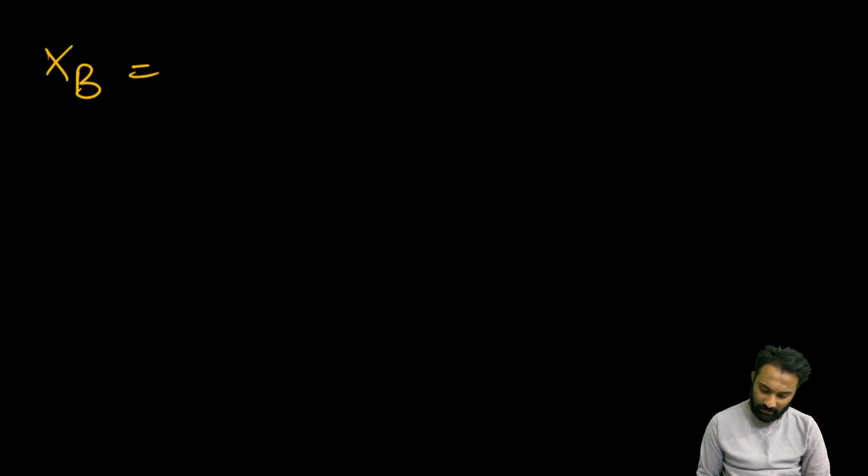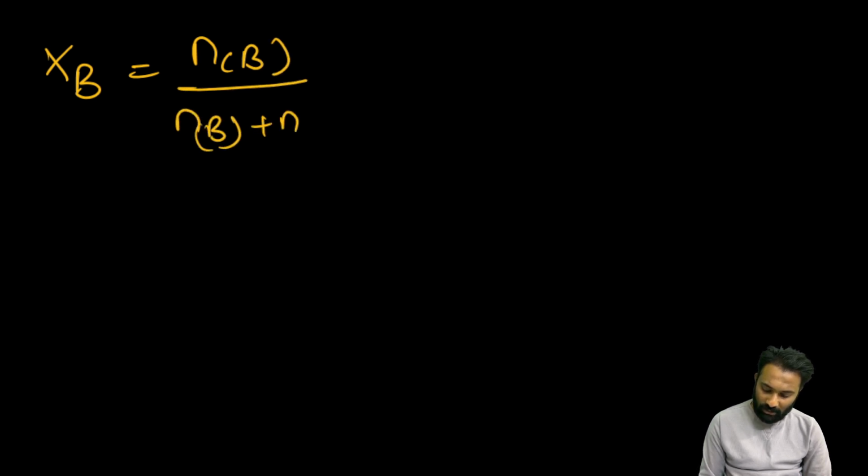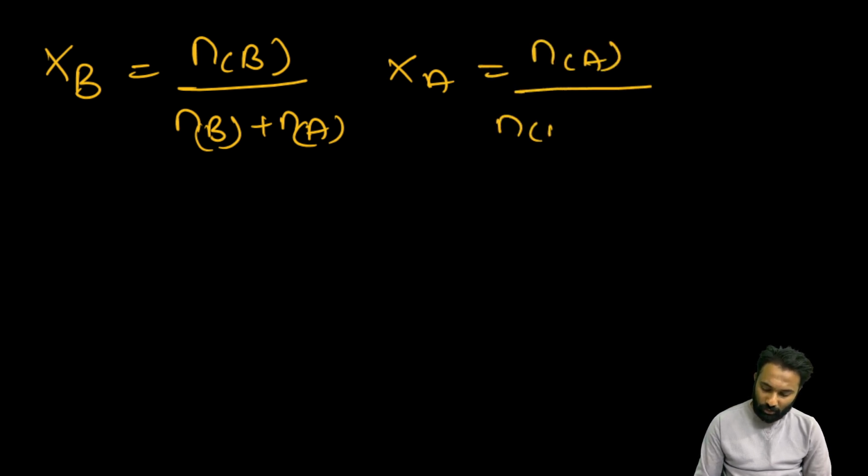That means number of moles of solute by the total, number of moles of solute plus number of moles of solvent. If I talk about the mole fraction of solvent, it is number of moles of solvent by total number of moles of solution, or total of all the components present in the solution.